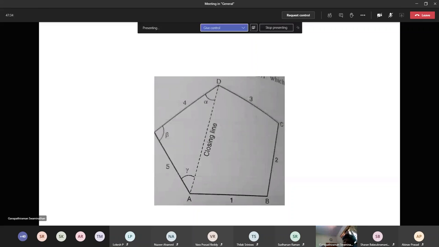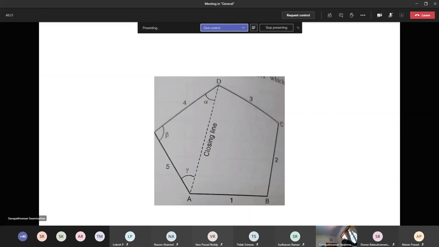I'm not able to find the length of DE directly, but from the bearings I can calculate alpha, beta and gamma, because I have taken the bearings. So with alpha, beta and gamma, the same sine rule can be used to find the length of DE and the length of EA.